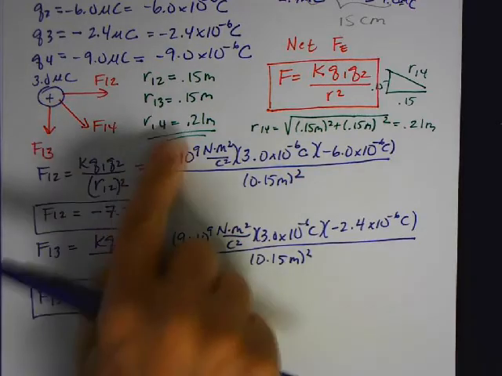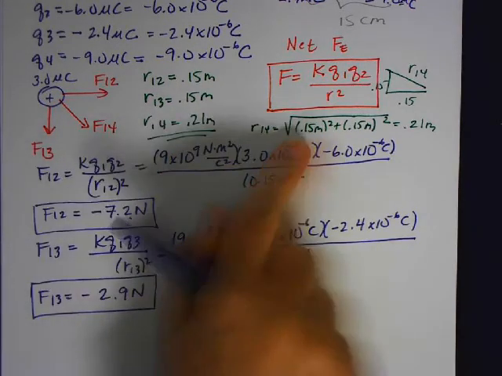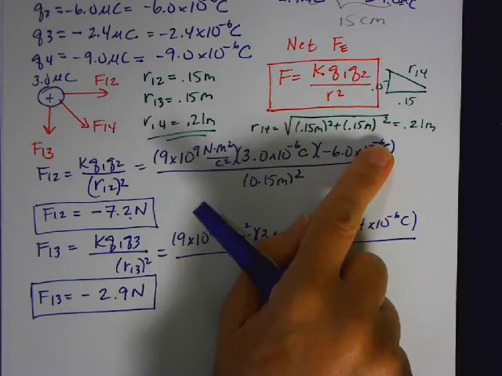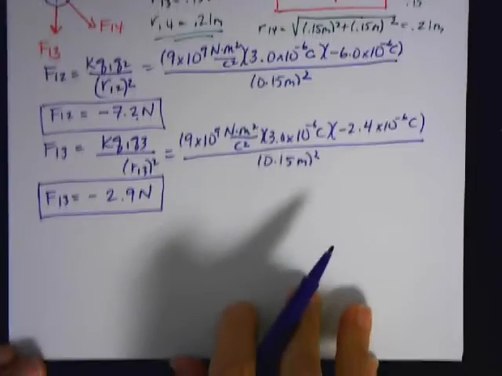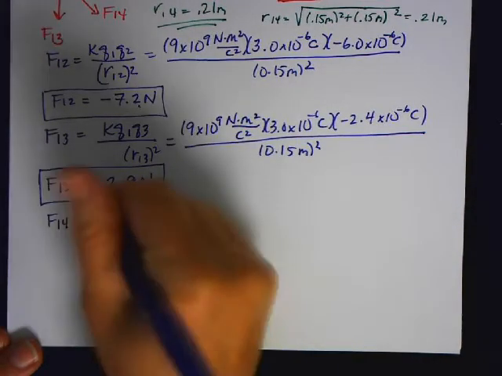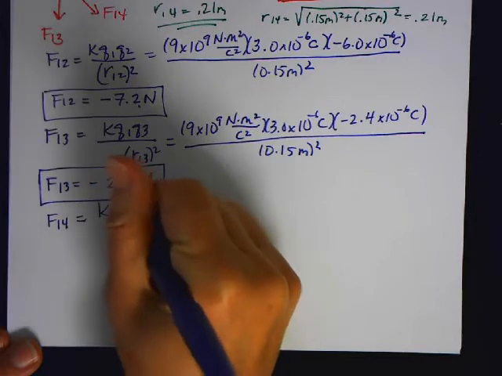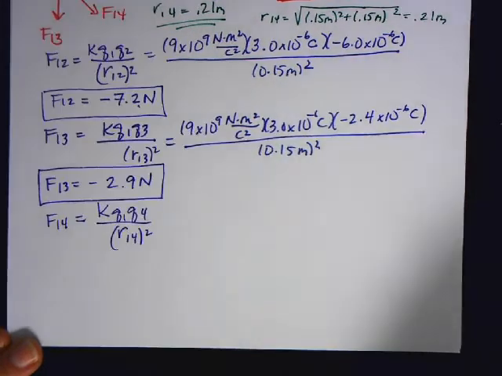After I get R14, using the Pythagorean theorem since it's an isosceles triangle, I'm going to go back and find F14. F14 is equal to K Q1 Q4 over R14 squared. And now I have R14.